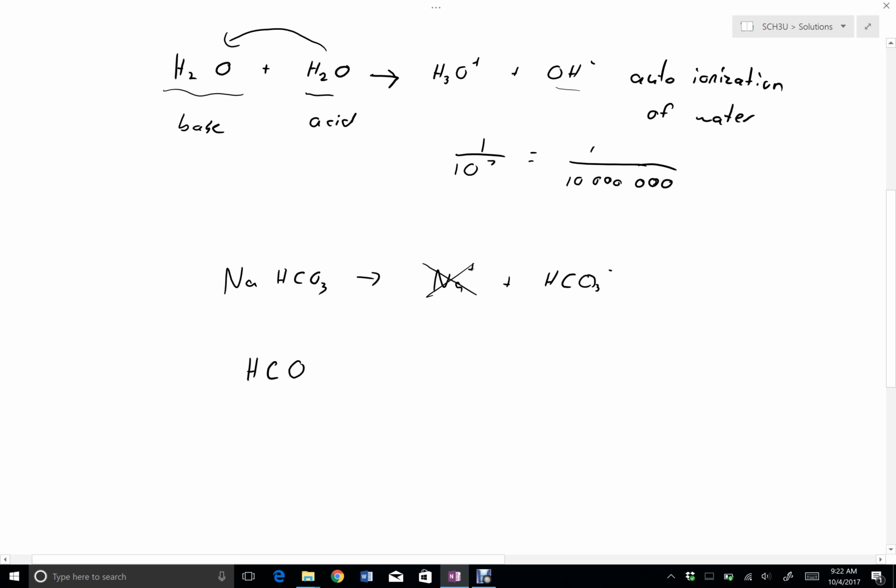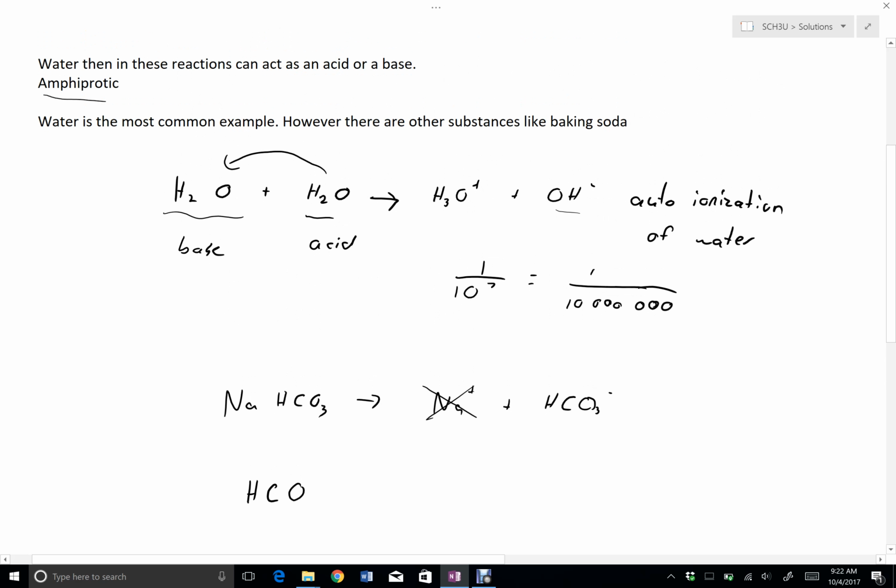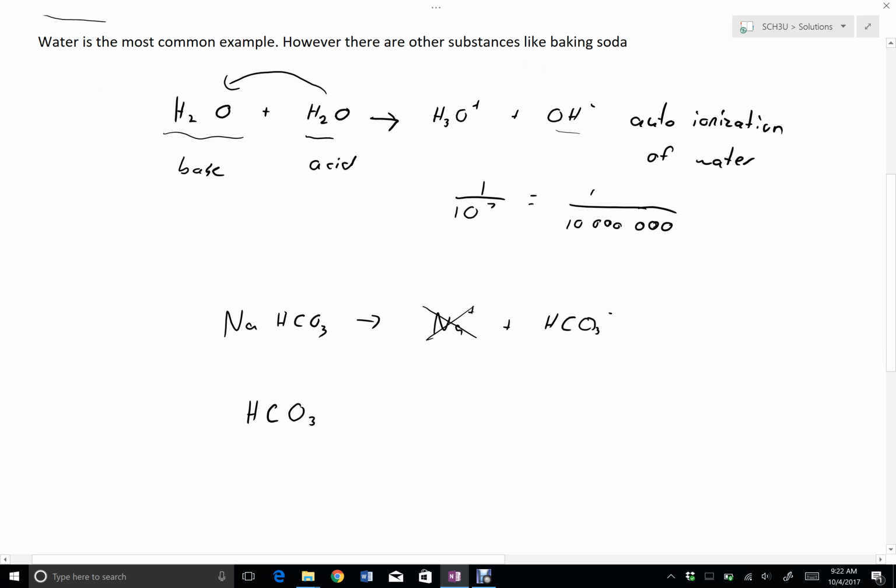Bicarbonate can also be amphiprotic because it can react, for example, with an acid. And if it did, it would act as a base. So that hydrogen that could have gone to a water to make hydronium instead might go to the bicarbonate to make carbonic acid, and then the Cl minus would be the resulting anion left over.